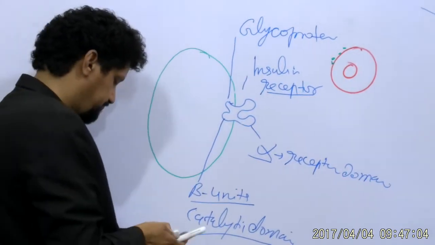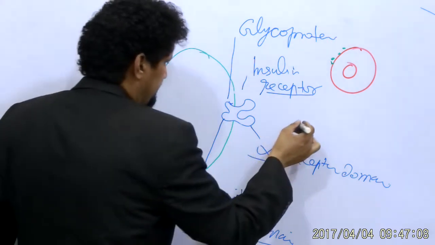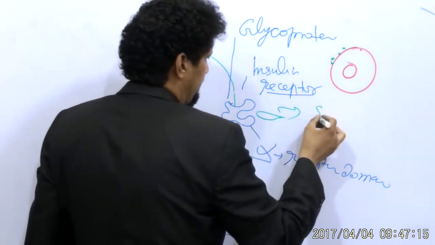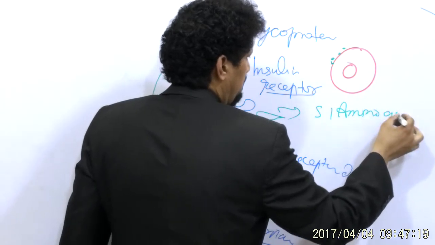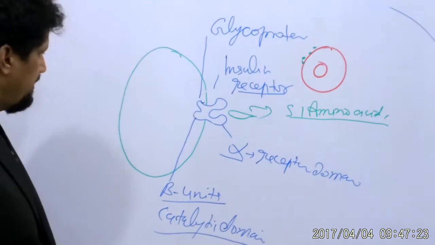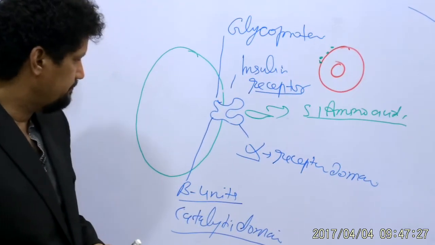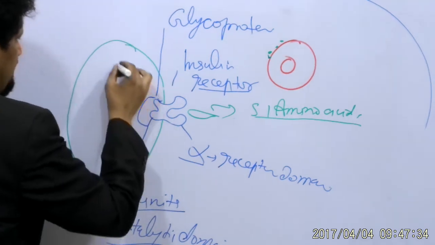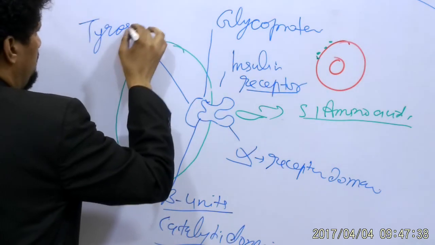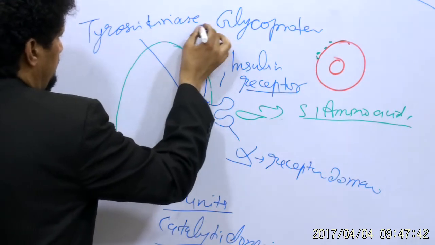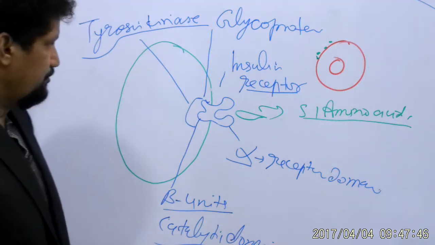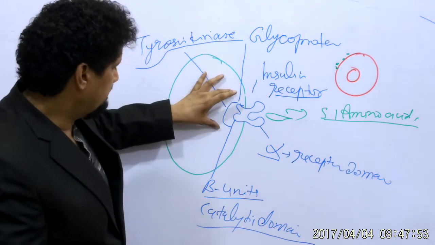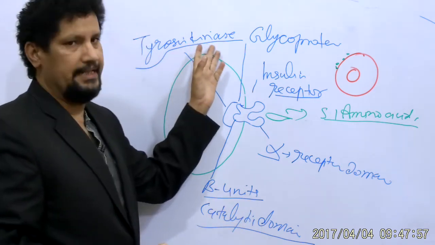When the insulin molecule appears here, insulin being a polypeptide of 51 amino acids, approaches or comes in contact with these alpha receptor units, there will be phosphorylation of the beta units by the tyrosine kinase enzyme.